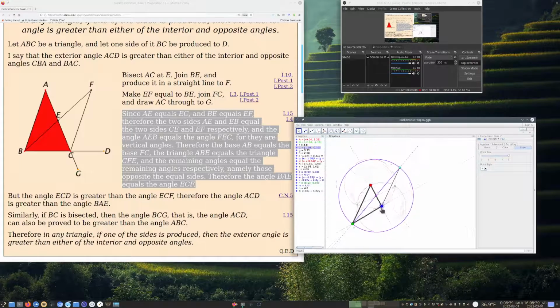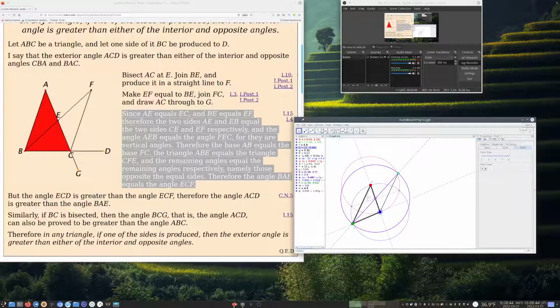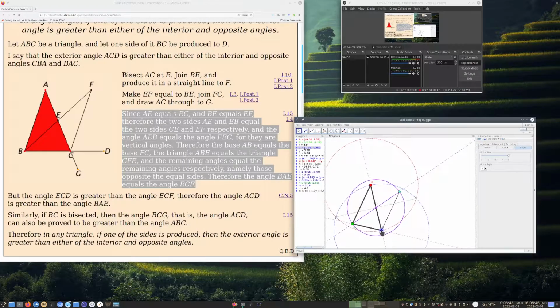Okay, but you see, no matter how we arrange these, it's true that this interior triangle right here and these two need to be thicker.